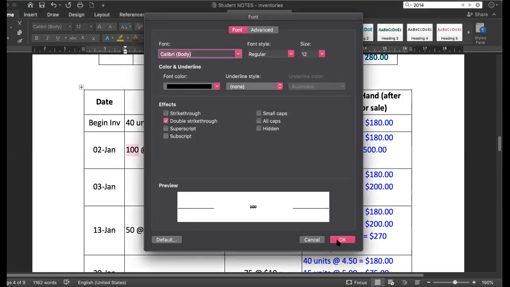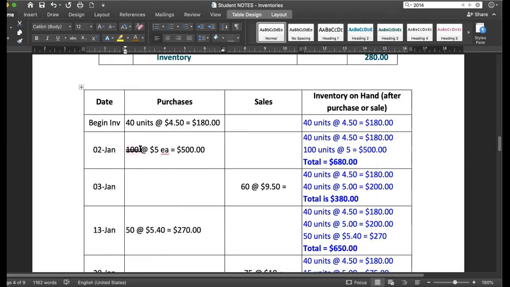So let me just strike through that. And we know then that what's left is 40 units. And so therefore we have on hand, after selling 60, 40 units. This is the original 40 units in beginning inventory, and then another 40 units, which is what's left of the 100 that were purchased on the 2nd of January.